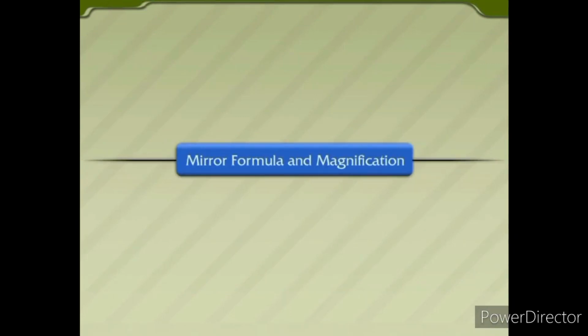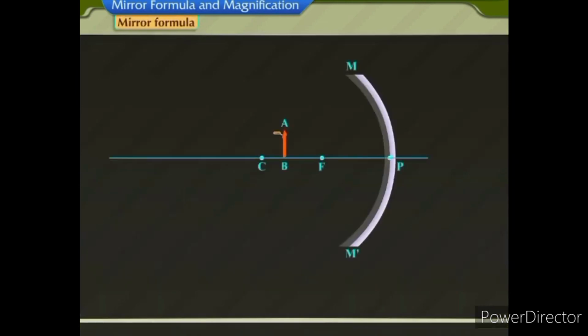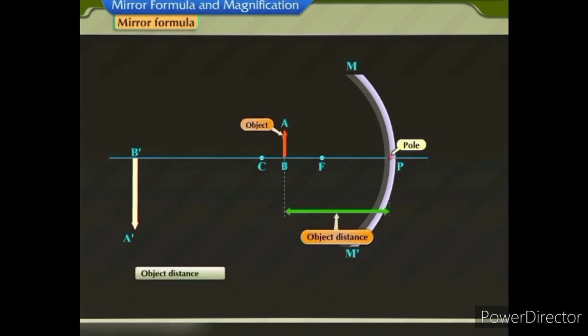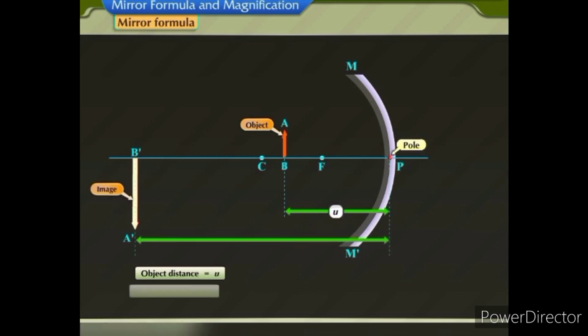Mirror formula and magnification. Mirror formula. The distance of the object from the pole of the mirror is called the object distance. It is designated by letter u. The distance of the image from the pole of the mirror is called the image distance. It is designated by letter v.